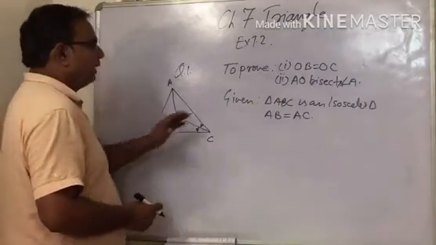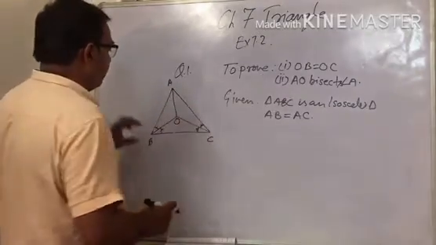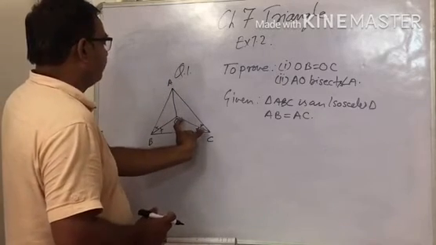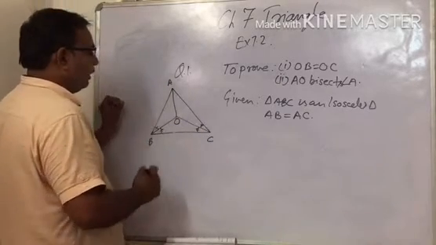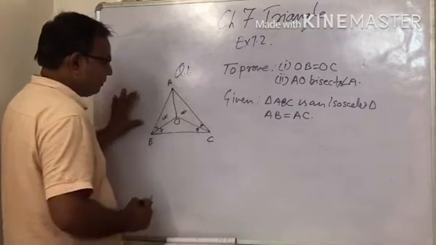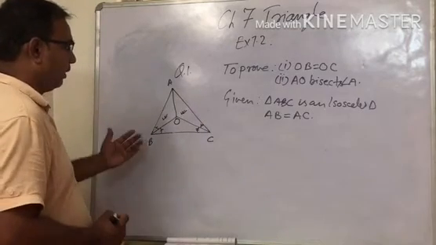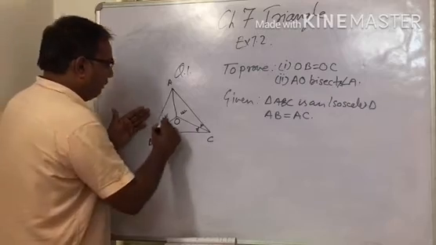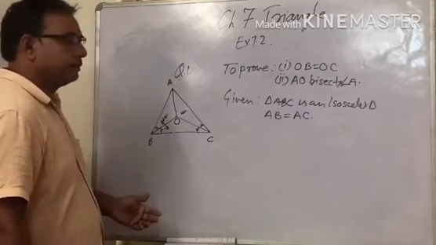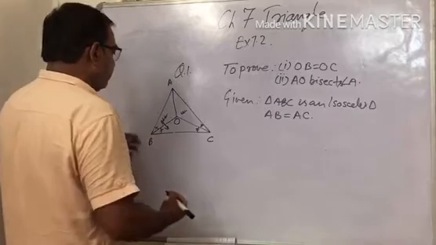Now, first we have to prove OB is equal to OC. Here is OB and here is OC. So, first we prove this triangle to this. Is it possible or not? Or we can prove this other triangle. You can check.